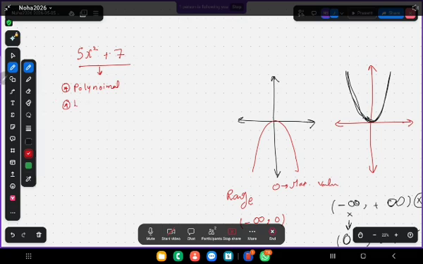The degree is 2. What else? Number of terms. The number of terms is also 2.